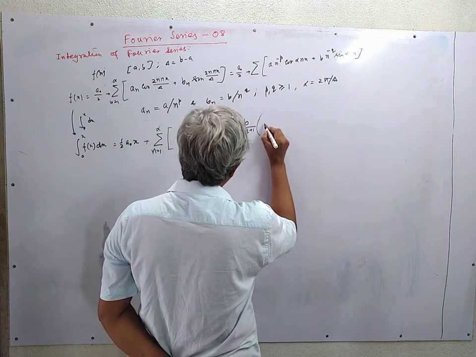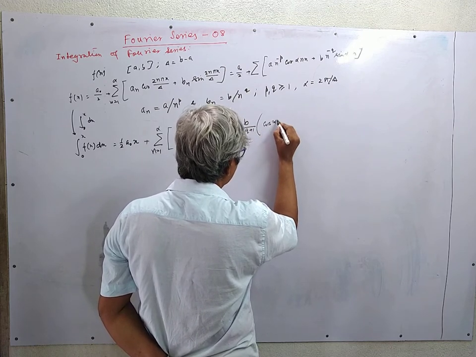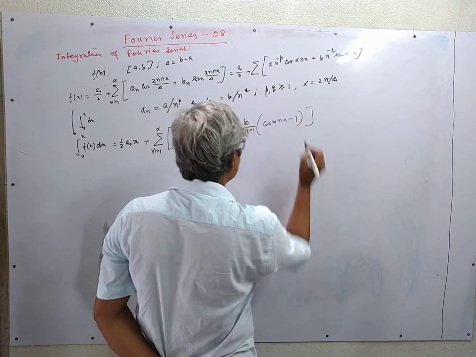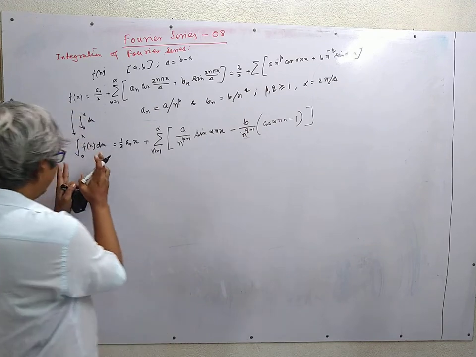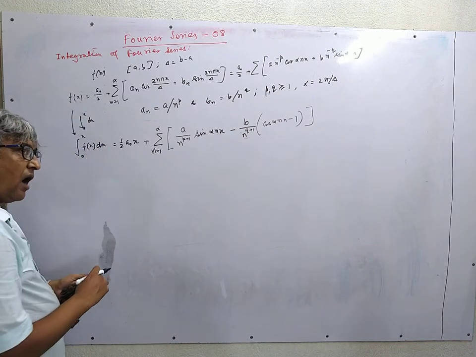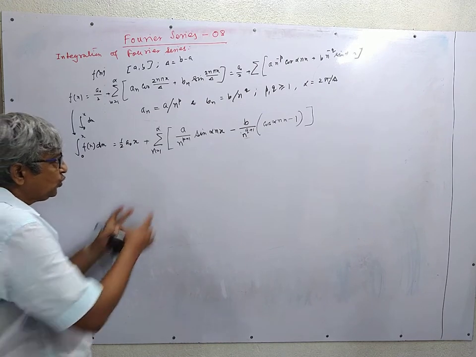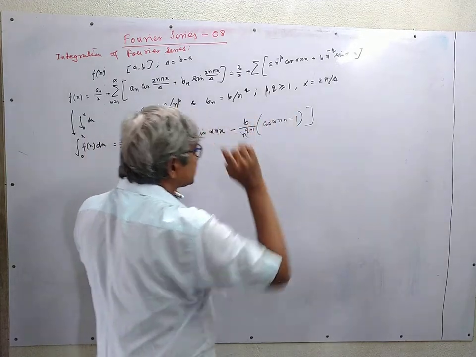So if we evaluate this sum, say f of x is x, then we get half of x square on the left, and on the right we will have to perform this summation.